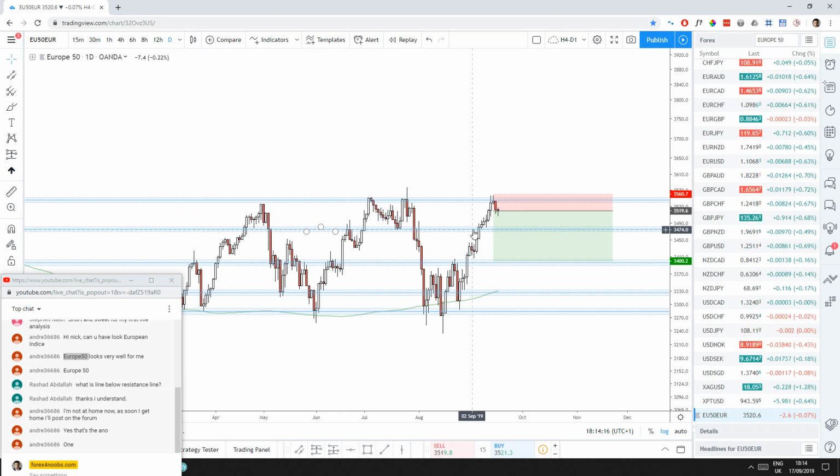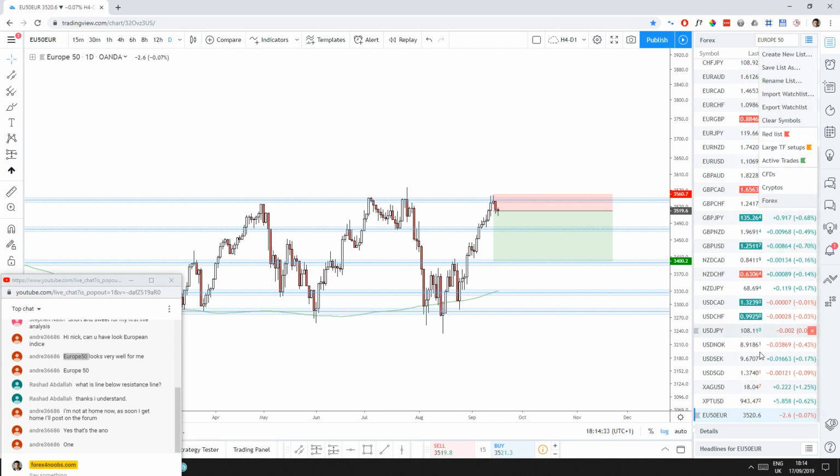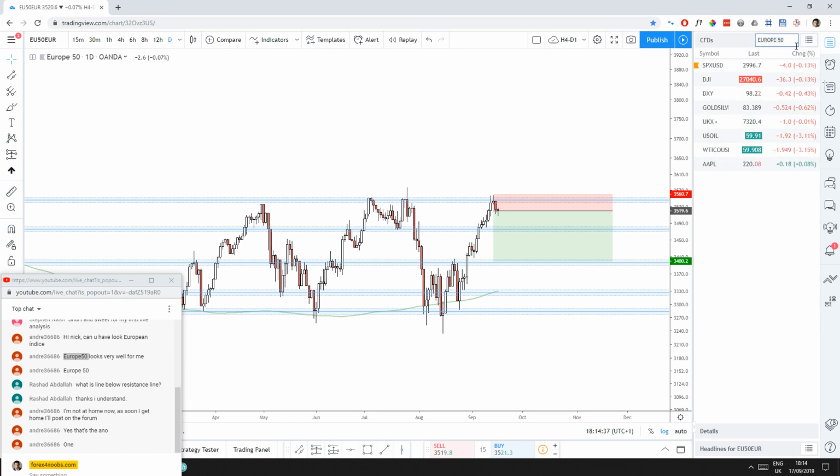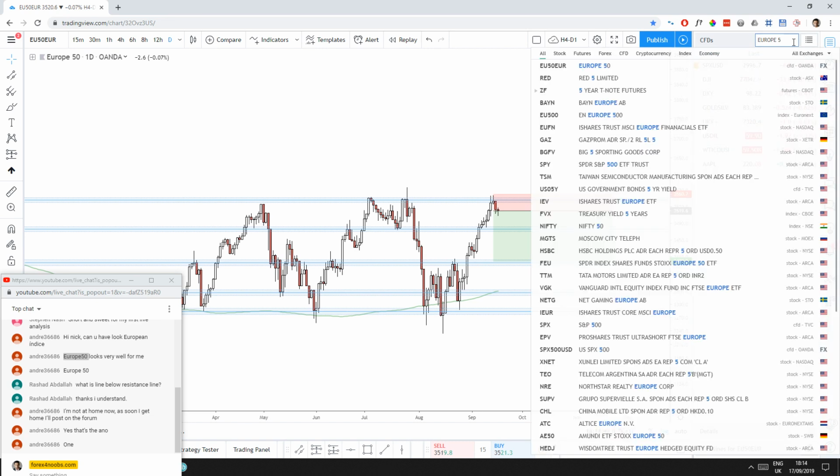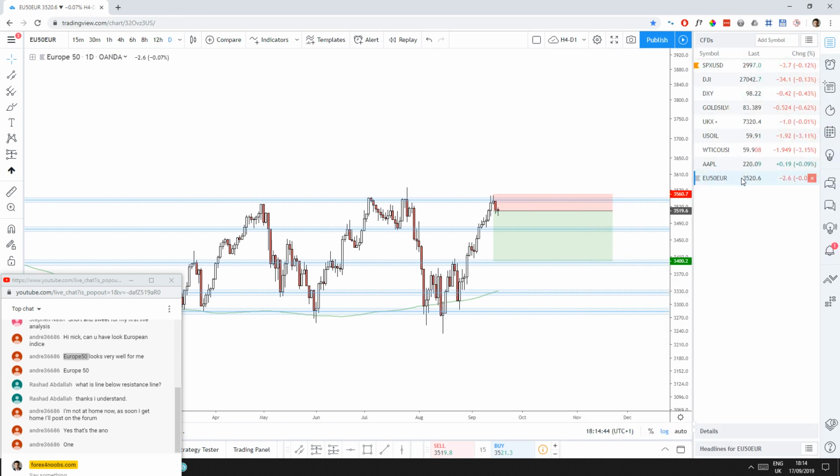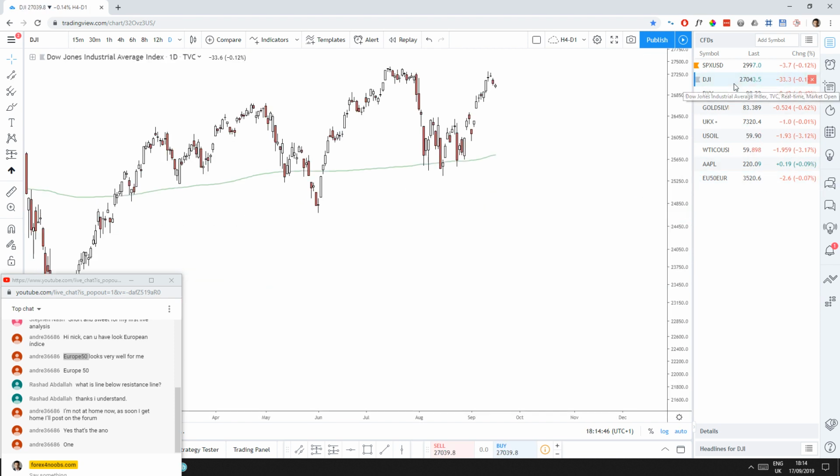But still, I don't really think it's a smart one to enter at this point. I think you should have been in it already. But it does look like a very interesting pair, and it is something I want to keep track of in future. So I'm going to add it to this list.